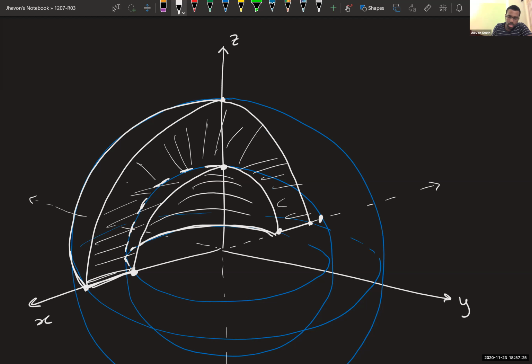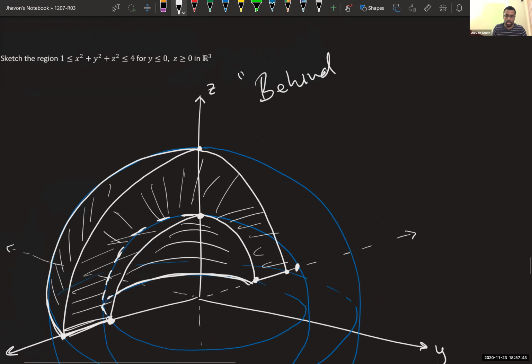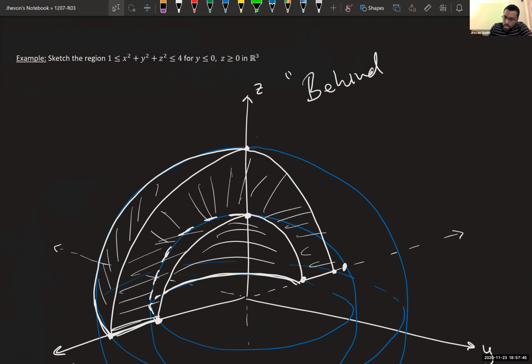Could you write down what you said about it being behind the XZ plane or whichever one it was? So this is behind the XZ plane and above the XY plane.